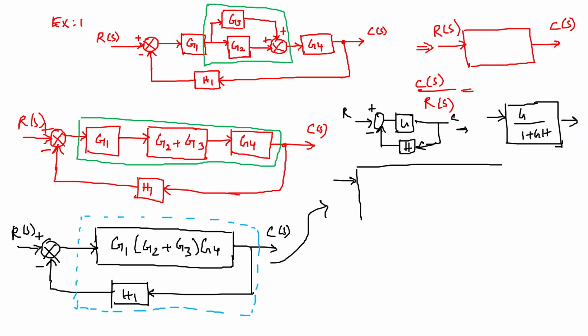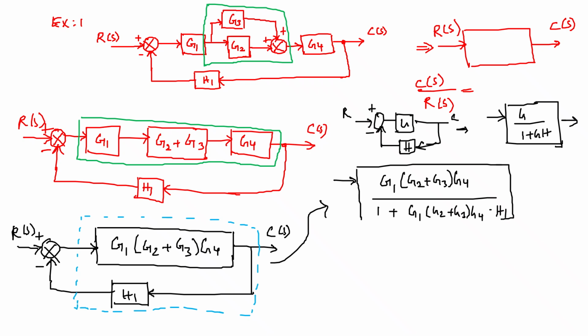The same principle is used here, which will give me the forward path transfer function G1 into G2 plus G3 into G4, divided by 1 plus G1 into G2 plus G3 into G4 into the feedback path H1. So now the given closed loop system is transformed into a simple open loop system.